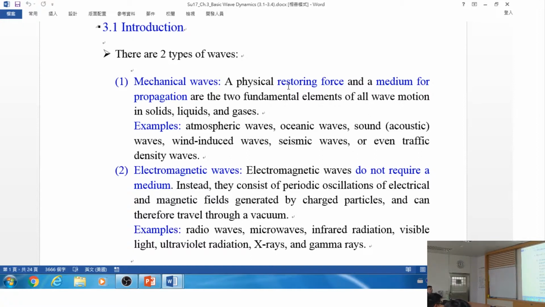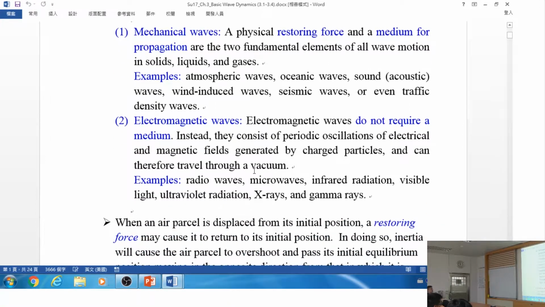There's a history, you know that. In physics, they tried to find the ether in space, but eventually they proved there's no ether. So electromagnetic waves don't need a medium, but for mechanical waves, like we are treating, we need a medium. So we are not treating this one; we're treating that one. That's a basic difference.